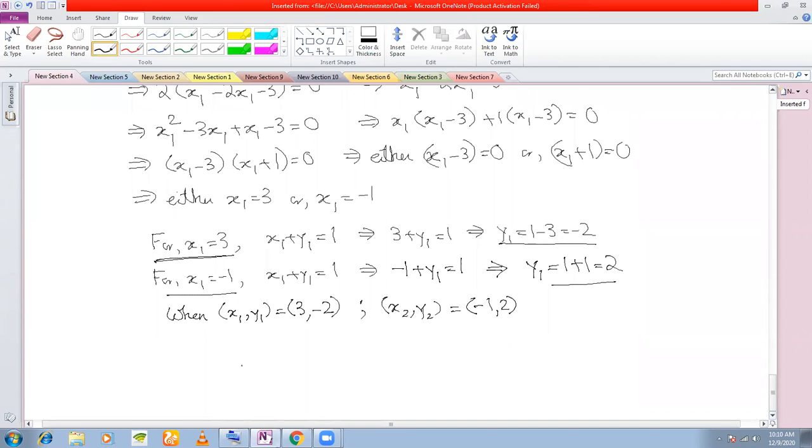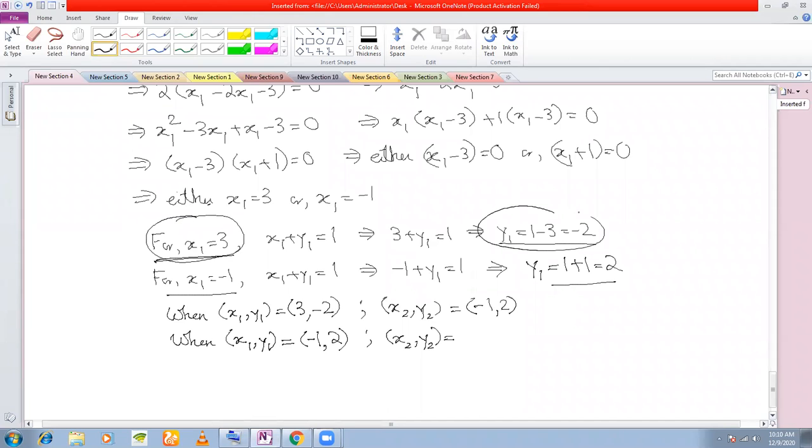And on the other way around, if you have x1 y1 is equal to minus 1 2, then you will get x2 y2 is equal to the other value, that is this 3 minus 2.